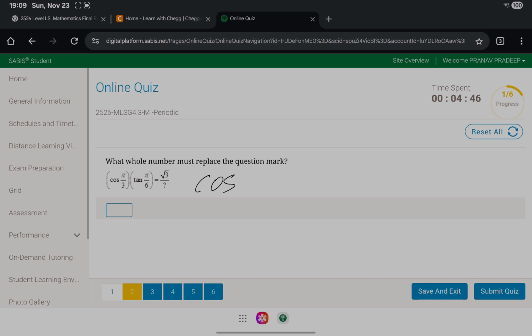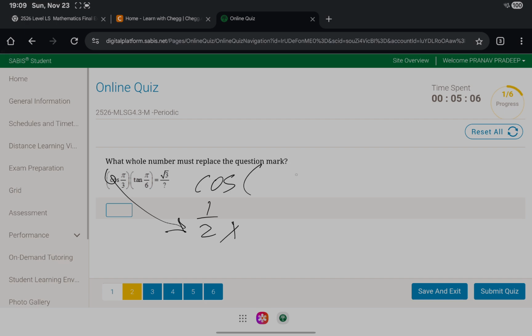Okay, cos of pi over 3. So in brackets, cos, in brackets you put 180 divided by 3. You get 1 over 2. Okay, temporarily we just put that here. Now tan of 180 divided by 6.